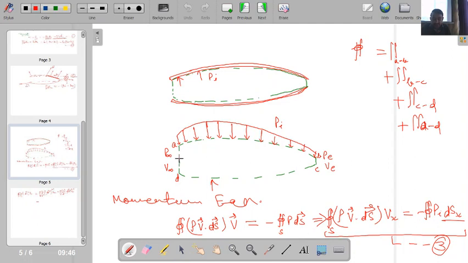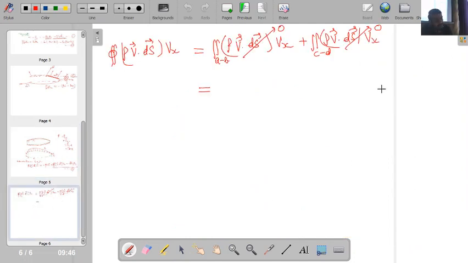Then I will now have the rho v vector dot ds vector for the left face AD. This is your inlet face A to D. Here the velocity vector is something like this. This is the V infinity, and the area vector dsI is like this, because the area vector is always in the outward normal direction. If you take the dot product of V and ds, both of these are in opposite directions. The density over here is rho infinity.